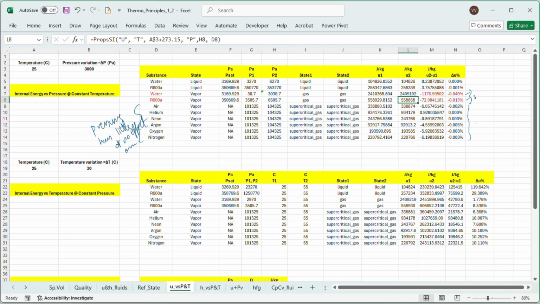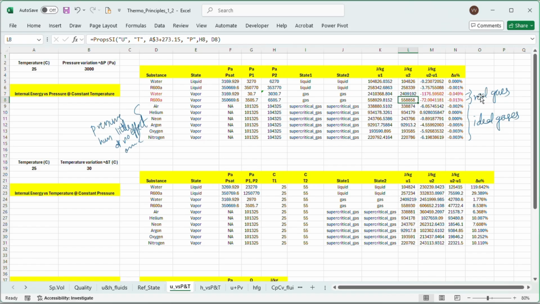So these are more like real gases, okay? And these are closer to ideal gases, where the internal energy change is negligible compared to the pressure change, whereas in real gases, pressure change has some effect, but again, it's very minute, okay?